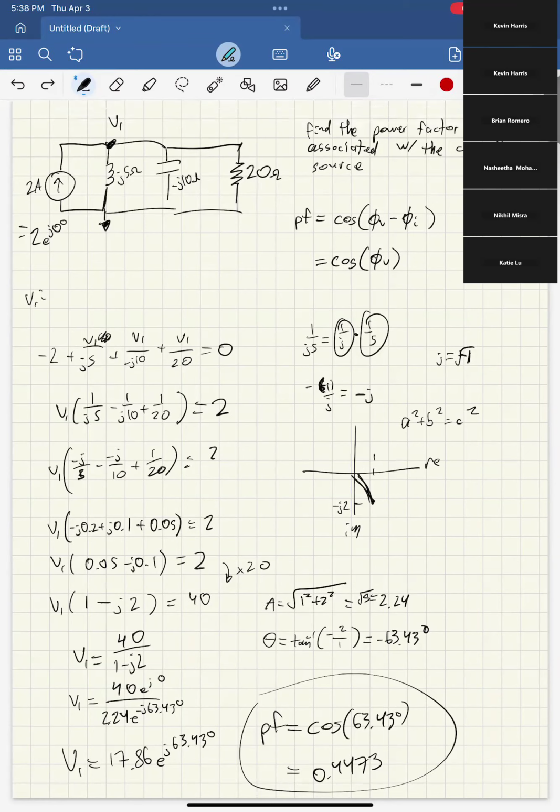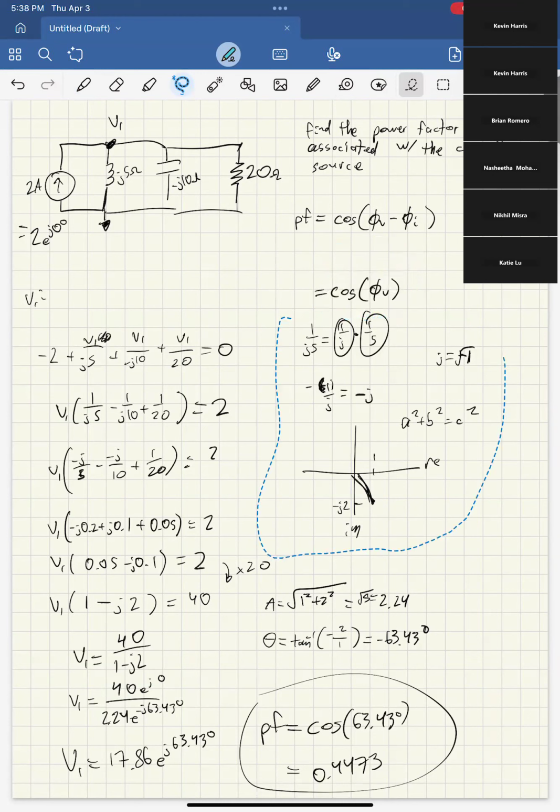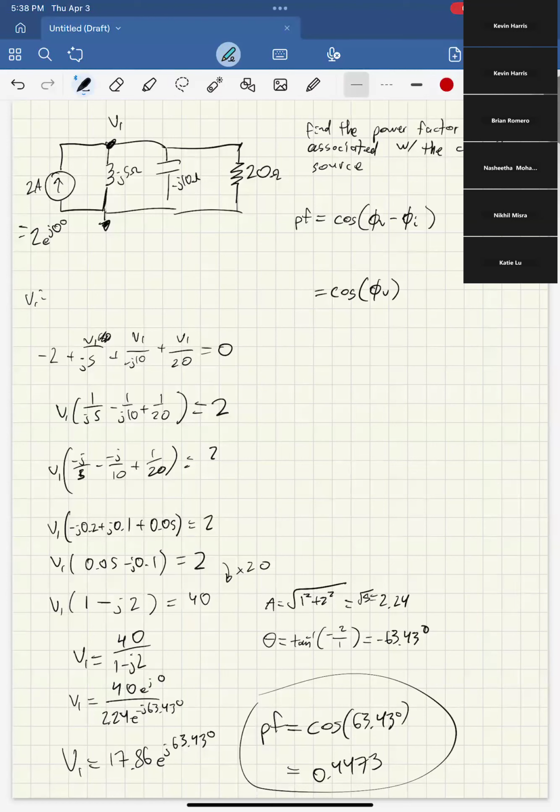What are the differences between those two PF formulas? Let me add another step here. They're not two different formulas. This one is the only formula.